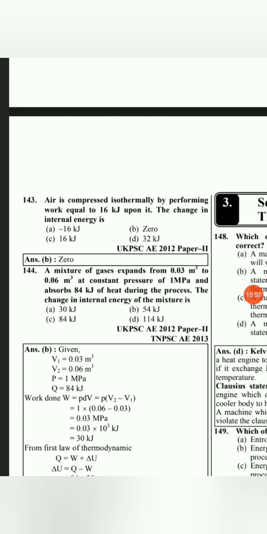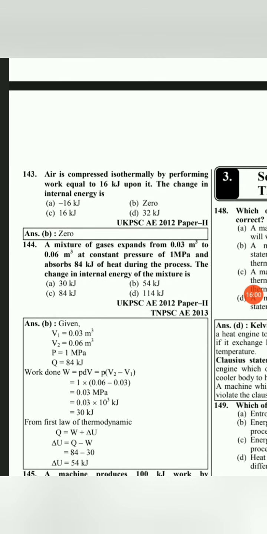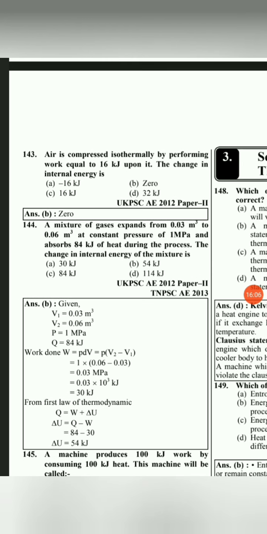The next question: a mixture of gases expands from 0.03 meter cube to 0.6 meter cube at a constant pressure of 1 megapascal and absorbs 84 kilojoule of heat during the process. The change in internal energy of the mixture is? Very good. Here again we have to find the change in internal energy of the mixture.